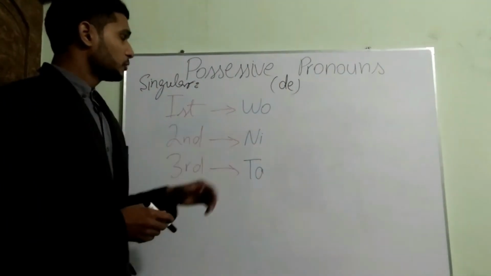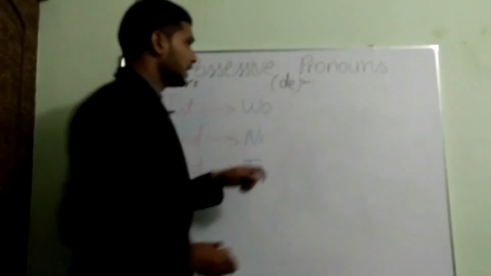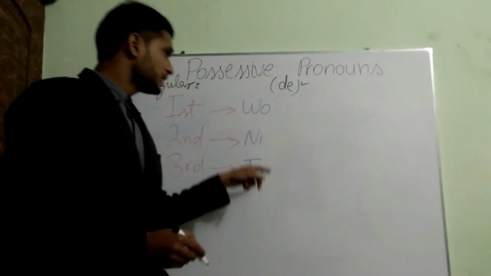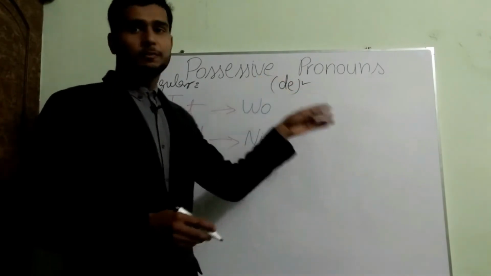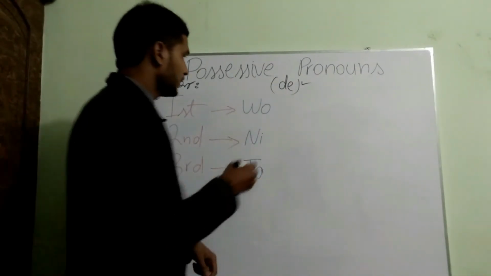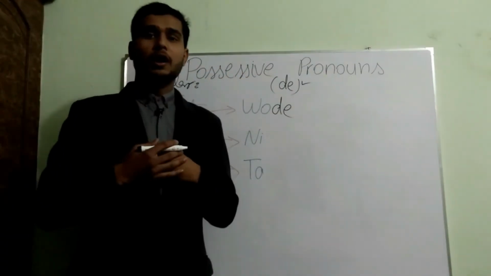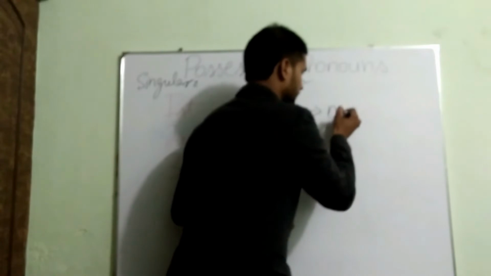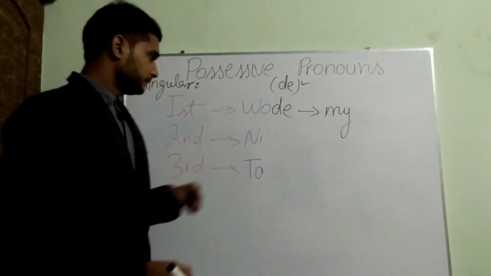We just have to put a single word, de, after these, and they will be converted into possessive pronouns. If we put de after wǒ, it becomes wǒ de, meaning my.